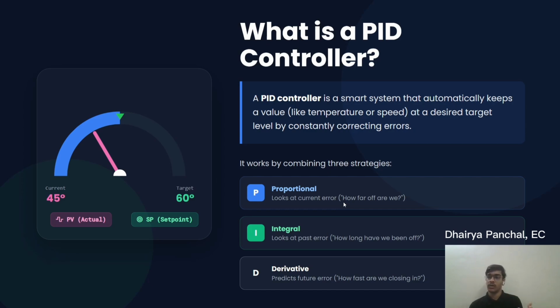Now the integral controller. Let's say your air conditioner has been running for 30 minutes and your system is continuously oscillating around 22 degrees Celsius. It goes to 21, then 23, then 24, 20, and something like that. So it continues to oscillate about 22 degrees Celsius. The integral part of the controller would accumulate the past errors.